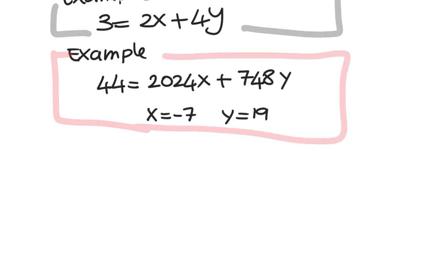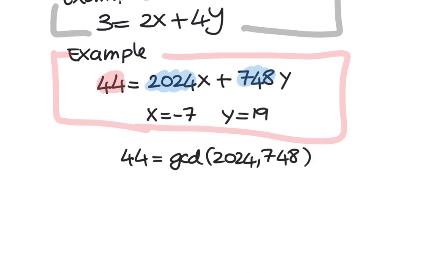Now you might recognize that this 44 is exactly the GCD of 2024 and 748, as we have discovered before. And you might wonder, how did we find the solution -7 and 19? Let me do that in the next slide.